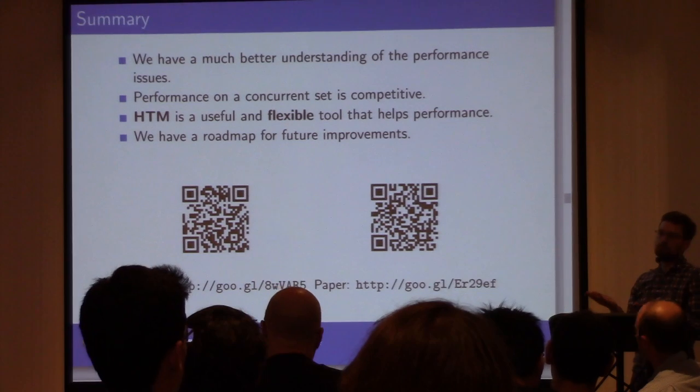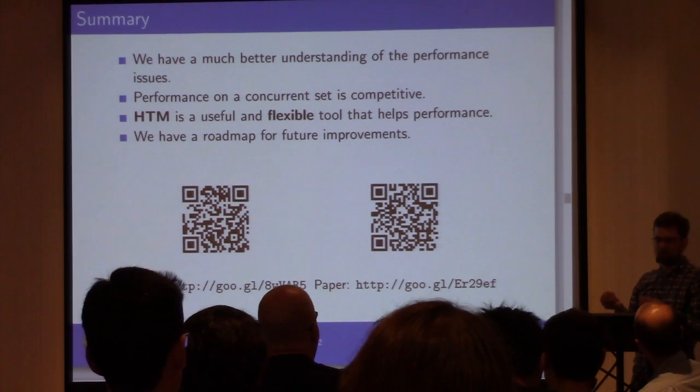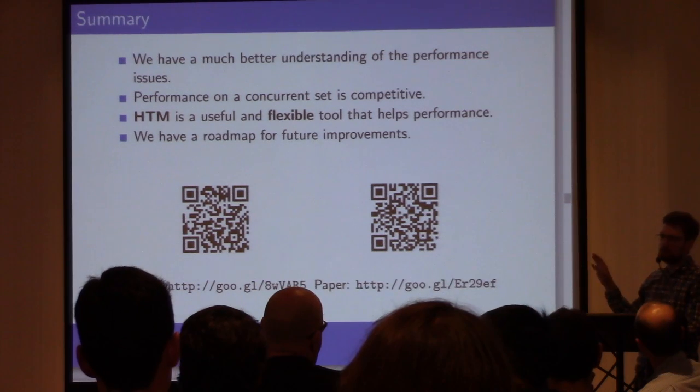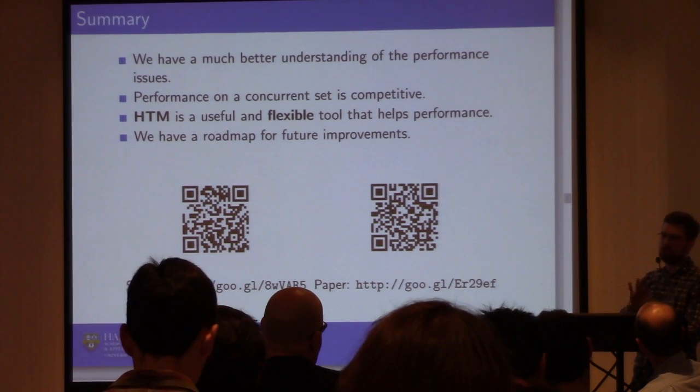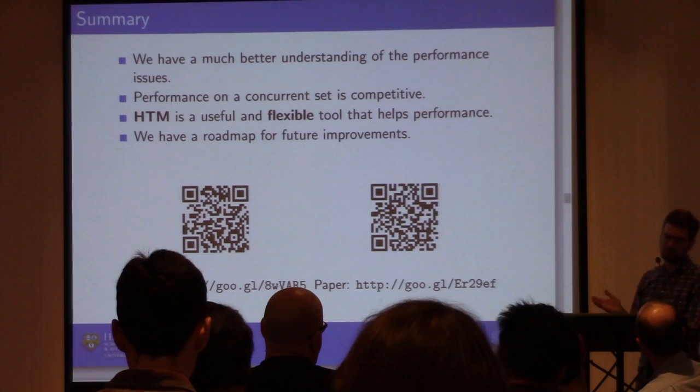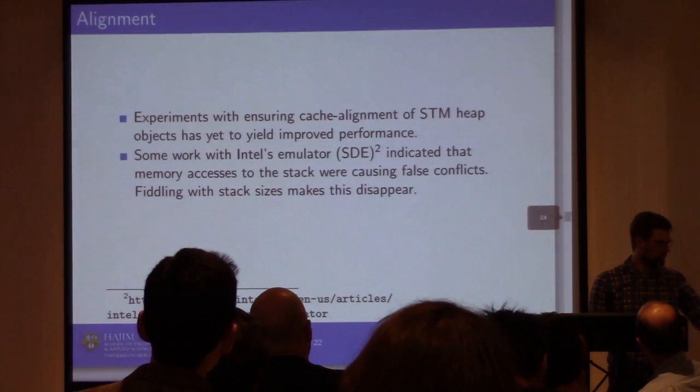So that's not great. We should be managing that at a different level with our transactional memory system. So effects like that mask the ability to pin down what the right settings are. Another thing that I played with is alignment.